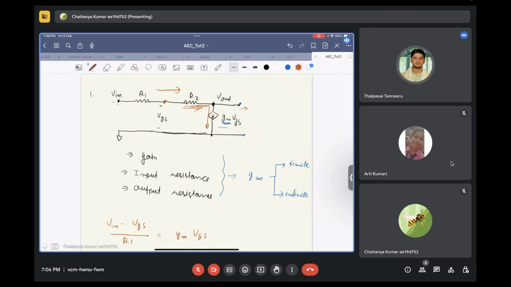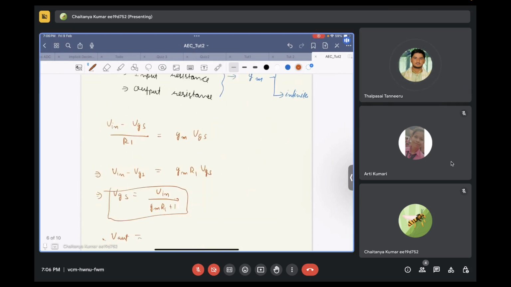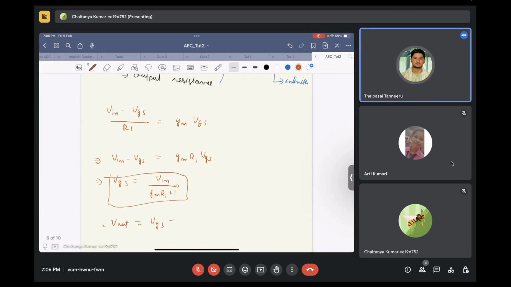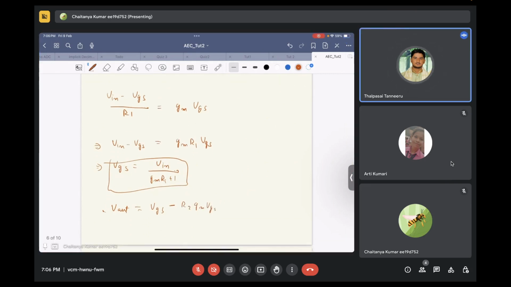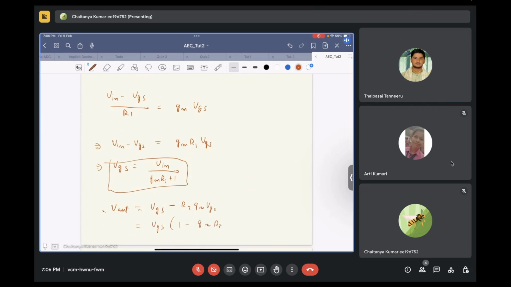VGS minus this voltage drop. That is VGS minus gm times VGS into R2, which is equal to VGS into 1 minus gm R2.